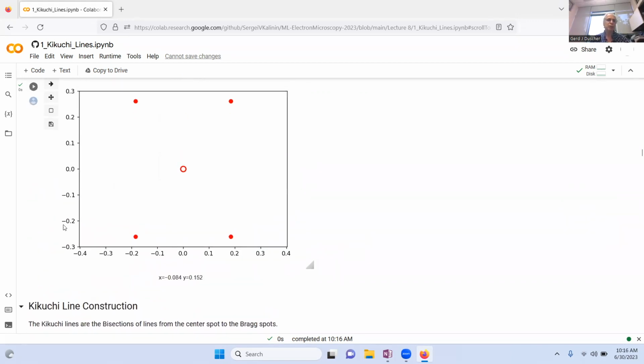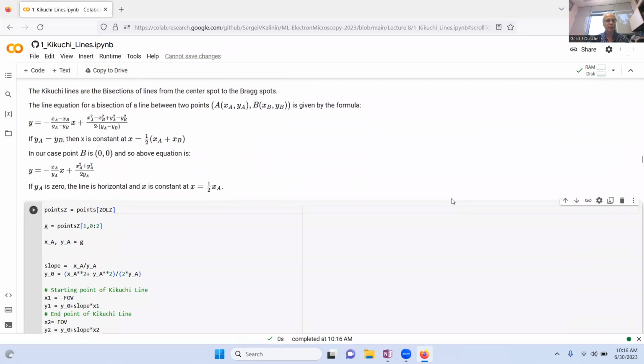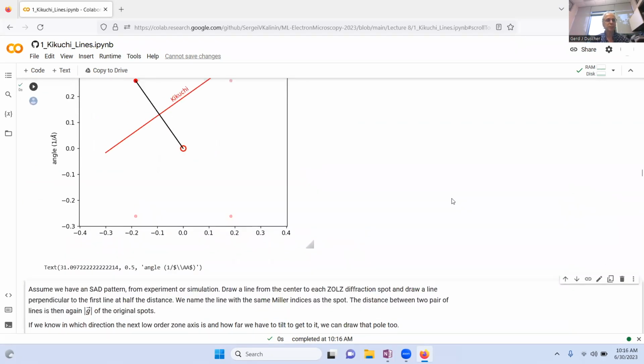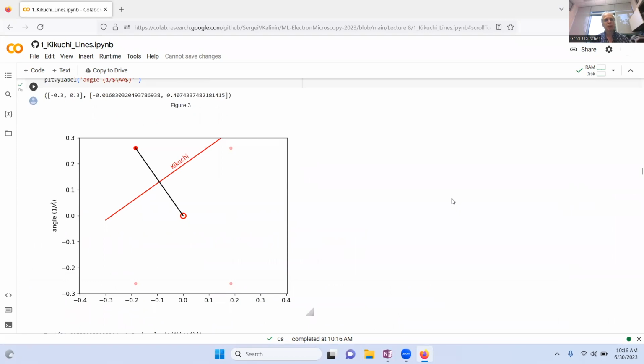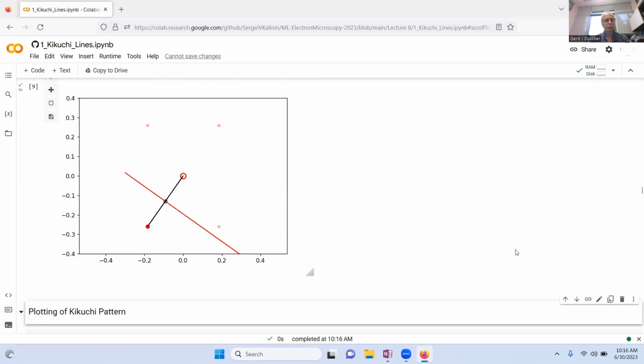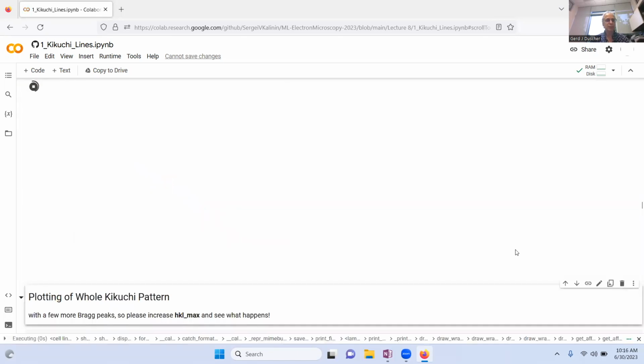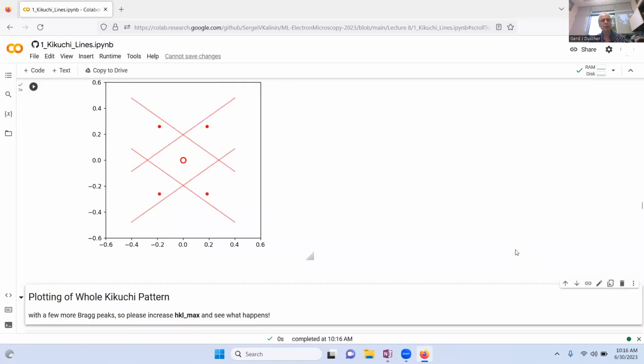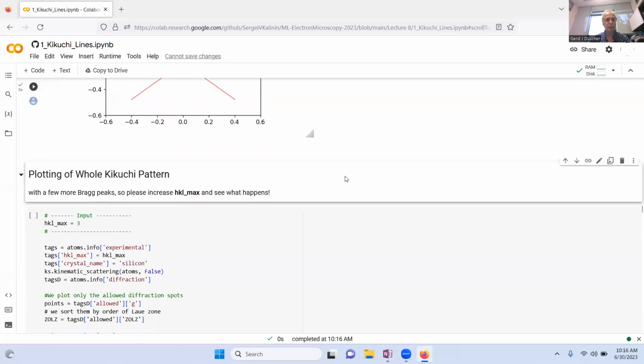So all we do is we make a bisect between one of these points here, right? And that is our Kikuchi line. We do that for all of these different ones. And this is now our Kikuchi pattern. See? Between those, that is the bisect of all of them.